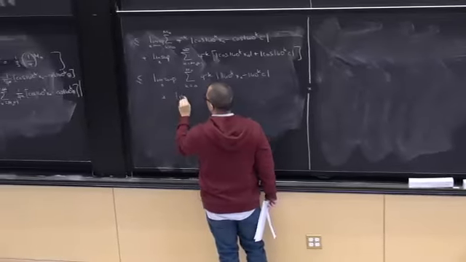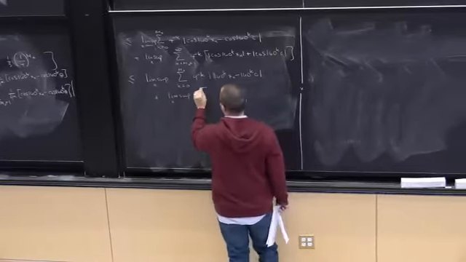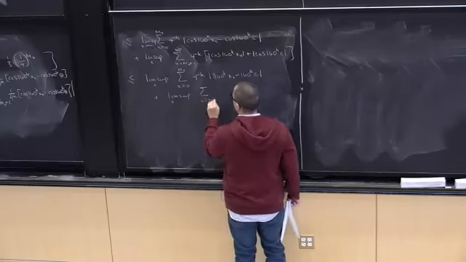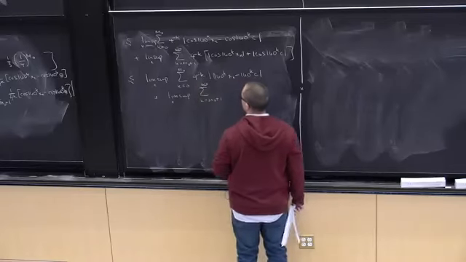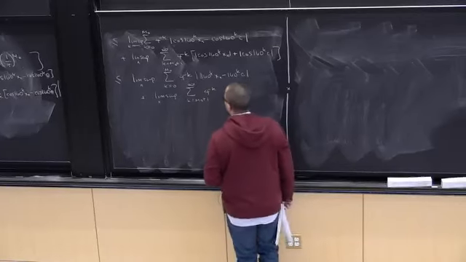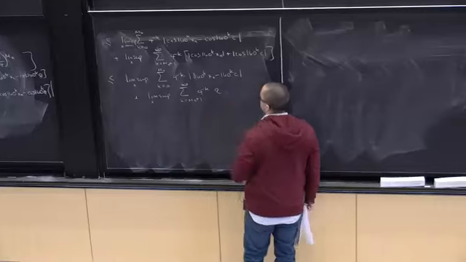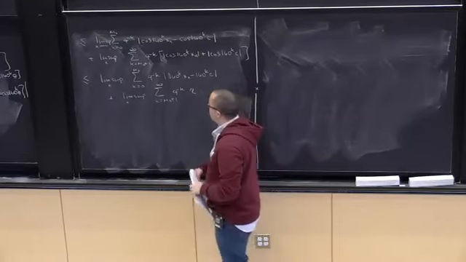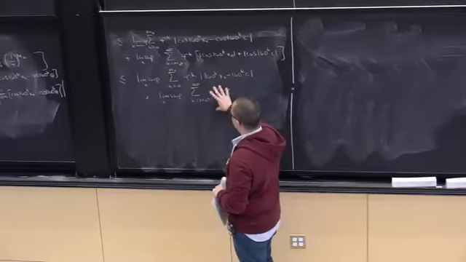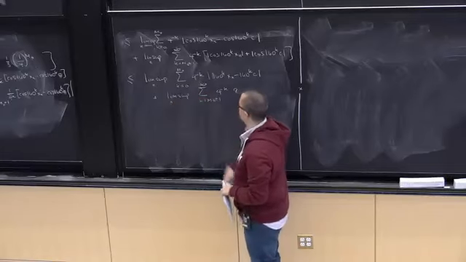plus the lim sup of the sum from k equals m0 plus 1 to infinity of 4 to the minus k times 2, because the cosine difference is bounded by 1 plus 1. Now, there's no n left here, so this is really just equal to that.